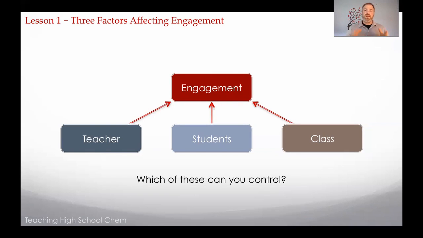With students and with the class, those are things that are outside of our control. We can control how we respond to them. We can choose how we respond when a student chooses to misbehave. We can choose how we respond when a student doesn't study for a test and does poorly. But we cannot choose to study for them.